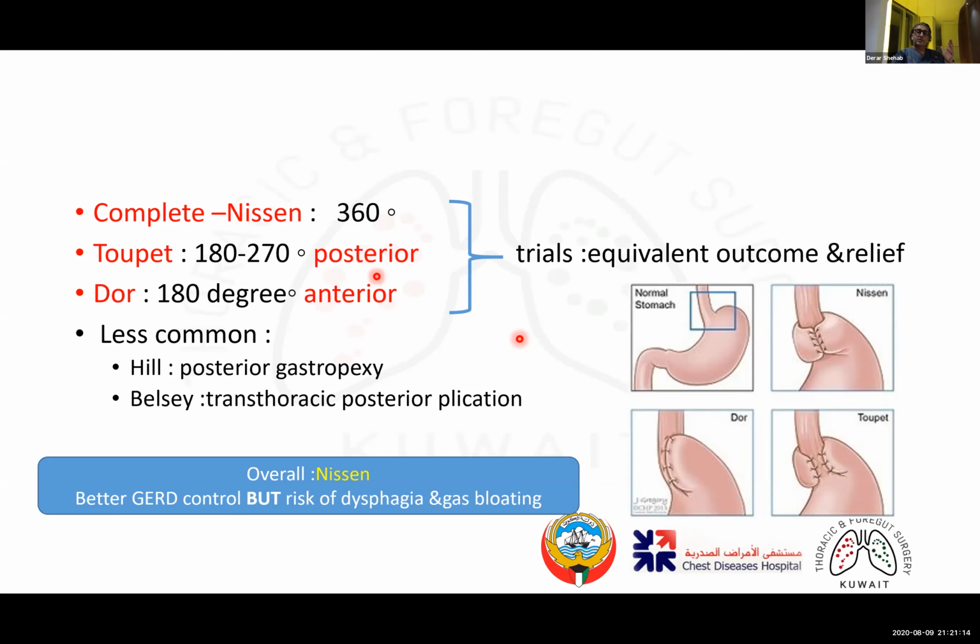Less common than those, we have Hill gastropexy and Belsey repair, which is a transthoracic posterior fundoplication. Overall, Nissen fundoplication has better GERD control, but the problem is that there's a risk of dysphagia and gas bloating after the surgery.